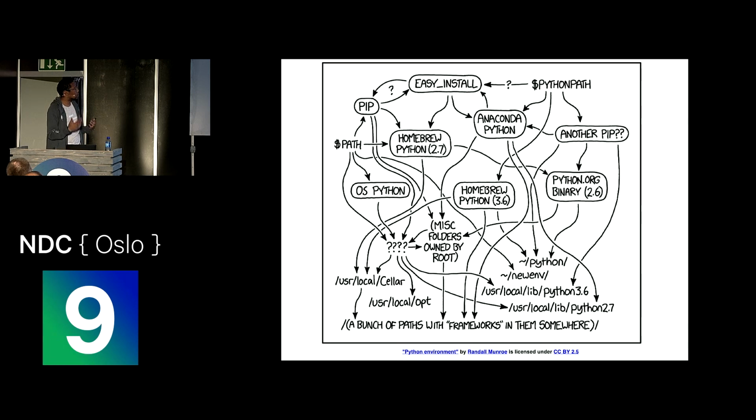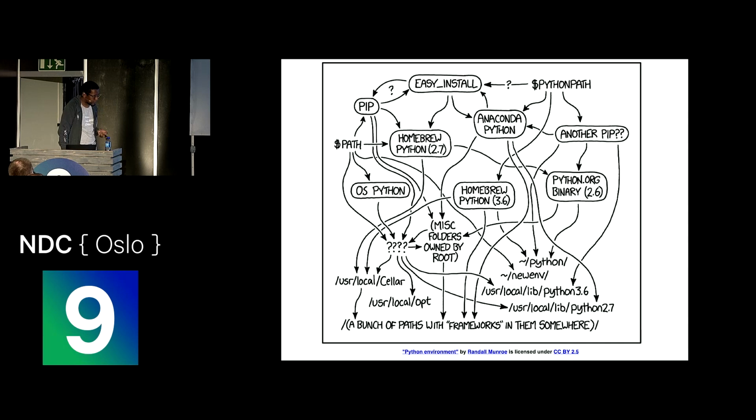Essentially, they use Semver, semantic versioning, to make sure that things don't break. And if they do break, it's signaled by moving up to a major version.